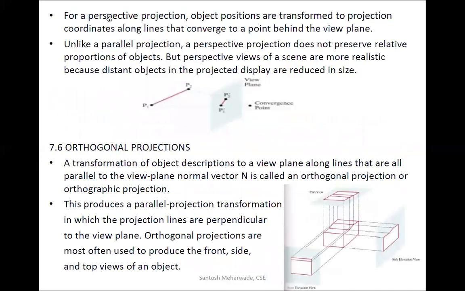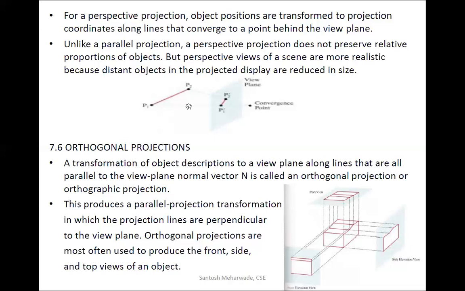But in the case of perspective projection, object positions are transformed to projection coordinates along lines that converge to a point behind the view plane. Unlike parallel projection, perspective projection does not preserve relative proportions of objects, but perspective views of a scene are more realistic because distant objects in the projected display are reduced in size.